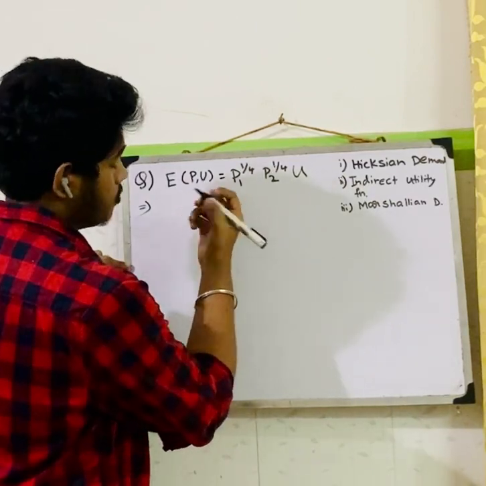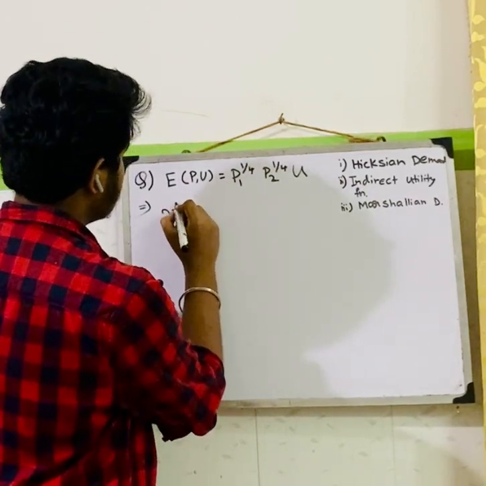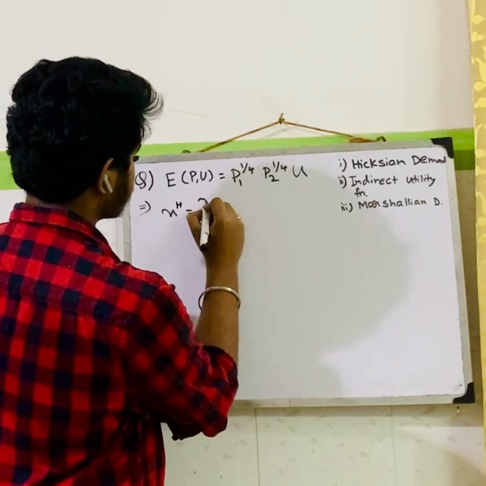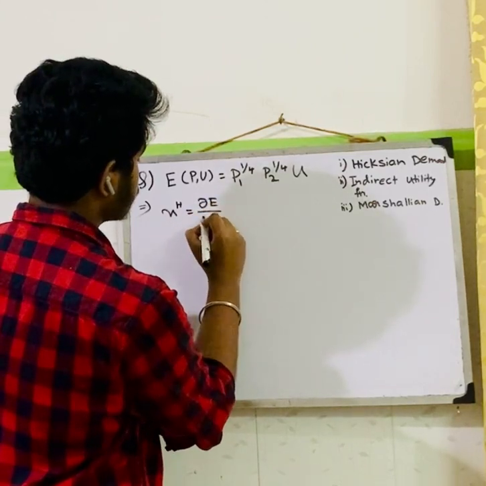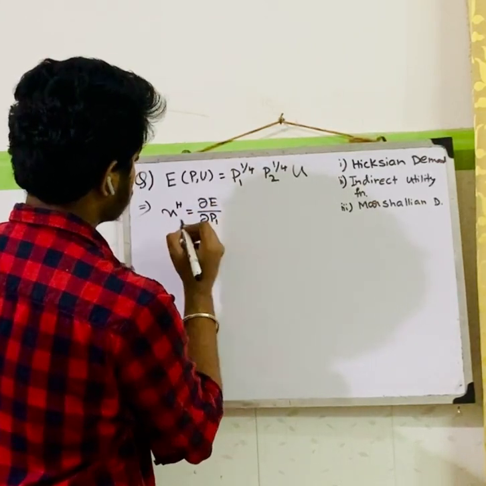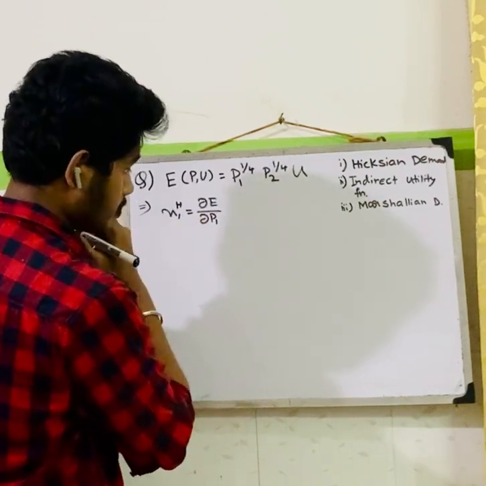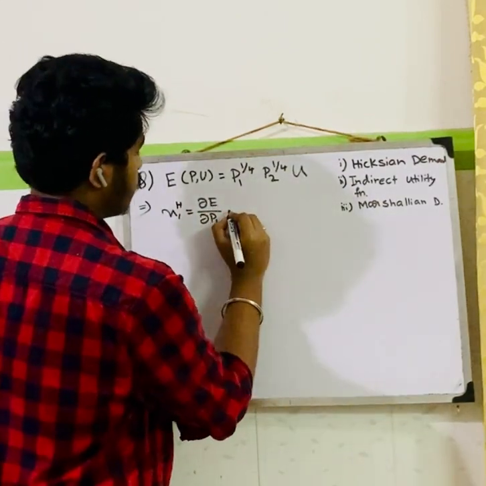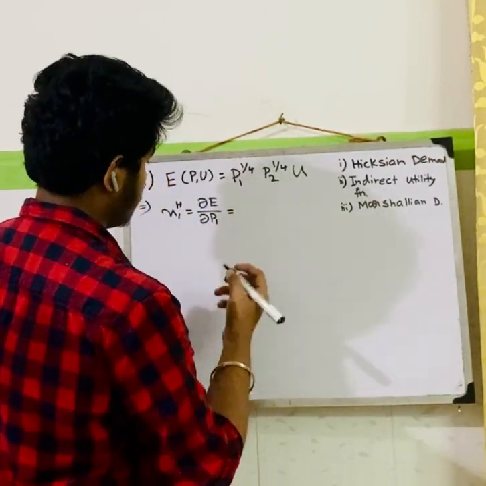So our Hicksian demand will be derived from Shepard's lemma, right?